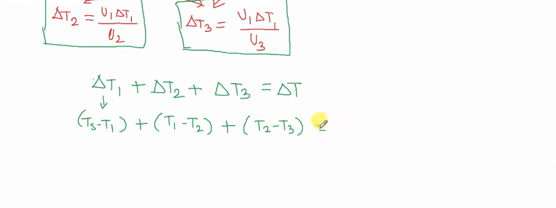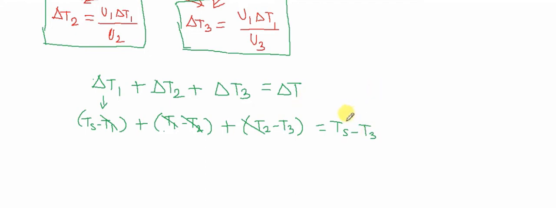What will be the final equation when you add these? The minus T1 plus T1 gets cancelled, and minus T2 plus T2 gets cancelled, and you get the total temperature difference as Ts minus T3.